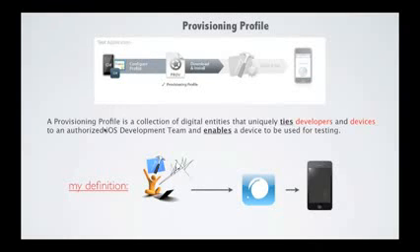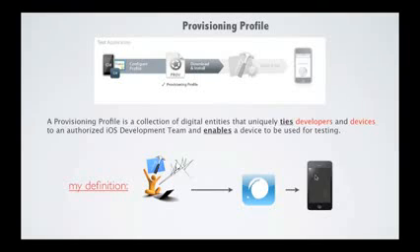Now, I prefer visuals instead of just writing words, so this is my definition. I'm telling Xcode, hey Xcode, I'm an iOS developer, and here's my signature. Now, allow me to run my application that I have just created on my iPhone.